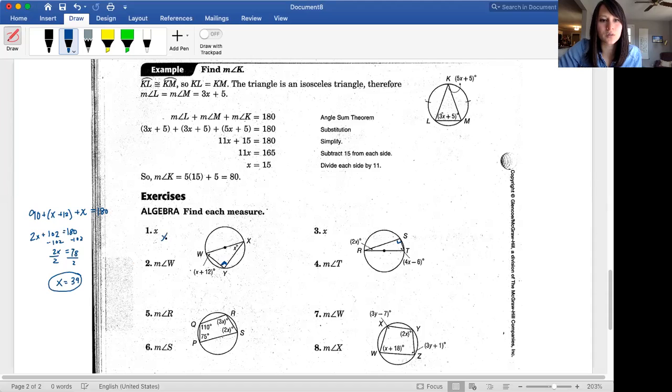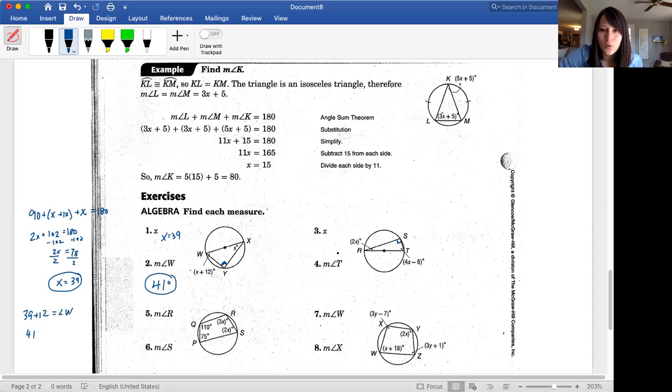You're not looking for the angle, you're just looking for x. Now, number 2, though, says find angle W. So we're going to have to plug in 39 in place of x. 39 plus 12 is angle W. So when I add this, it's 51. So angle W is 51 degrees.